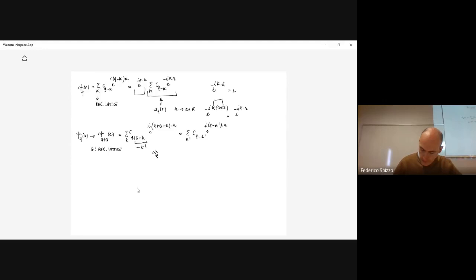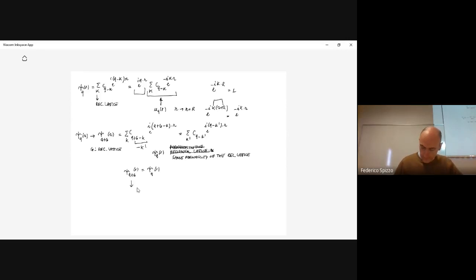So psi_Q(r) in the reciprocal lattice is periodical, has the same periodicity of the reciprocal lattice. So psi_{Q+G}(r) is equal to psi_Q(r).